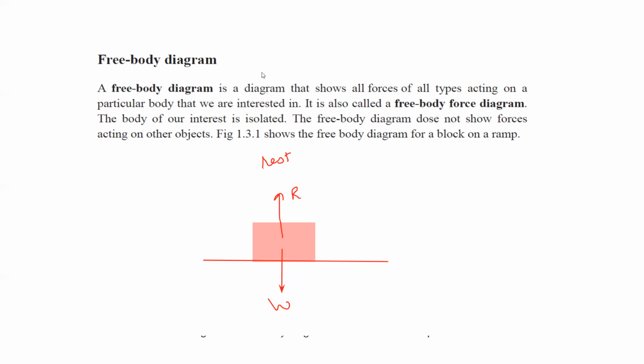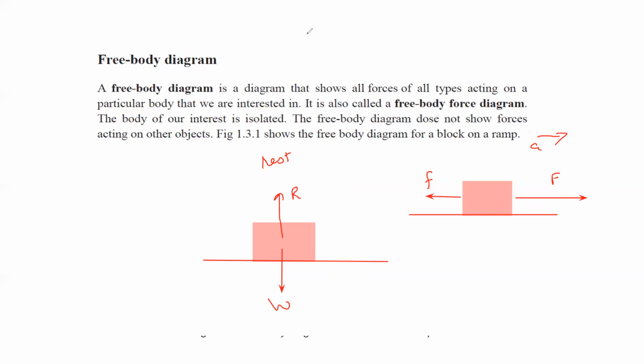But we may have a condition in which the object might accelerate. For example, this object is accelerating towards the right hand side. If it is accelerating towards the right, the force acting towards the right is bigger. So how do we represent two forces which have a difference in magnitude? The driving force of the engine is denoted by F. Then there will be a friction which tries to resist, but the friction is not equal to the driving force.